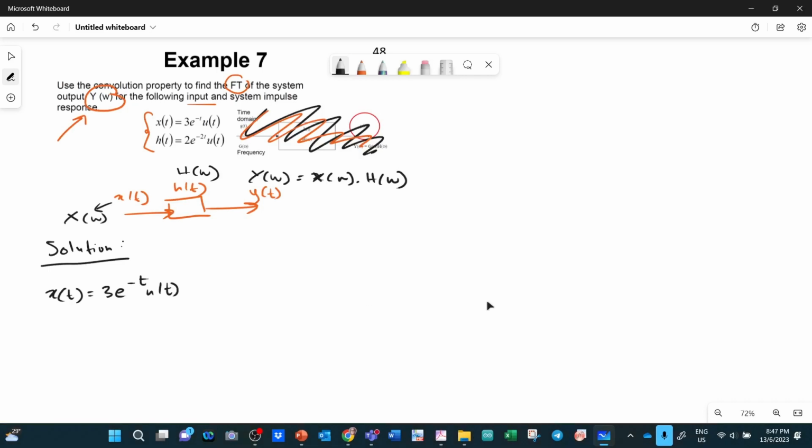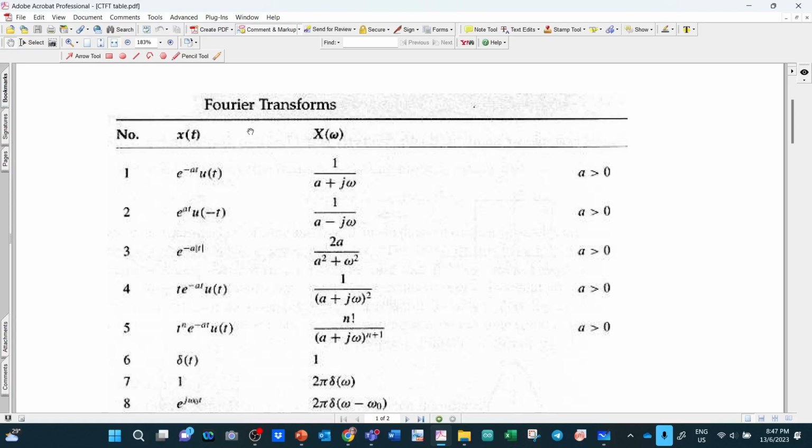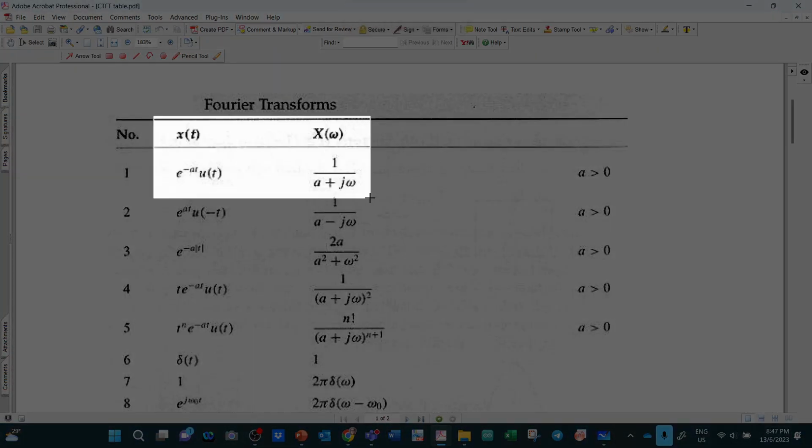By looking at the Fourier transform table, what you want to refer to is the exponential. So open up the Fourier transform table. Just now you have exponential, right? So let's take out that equation.